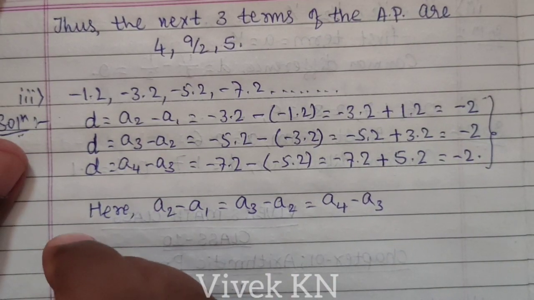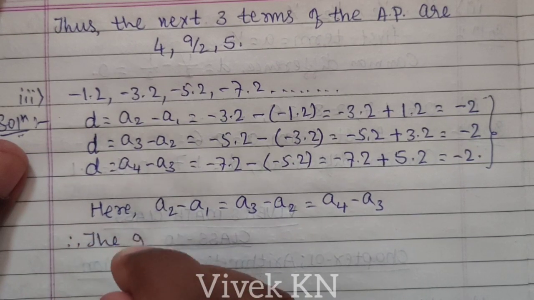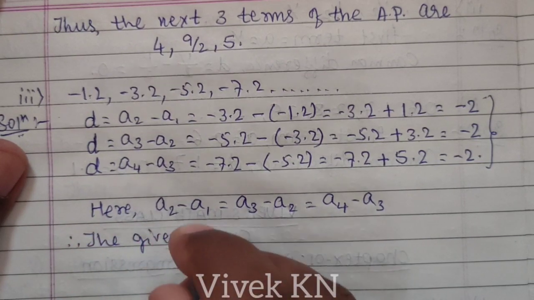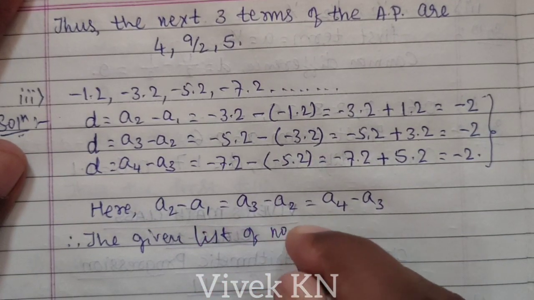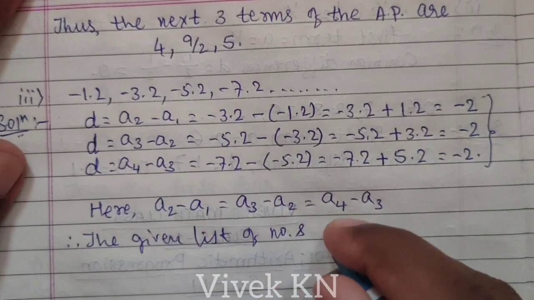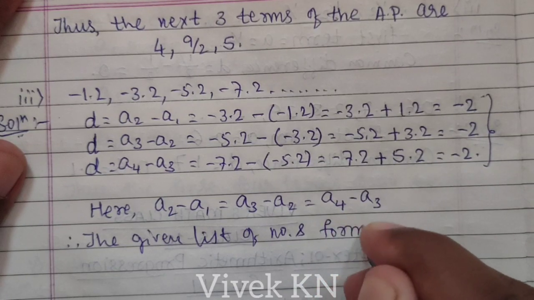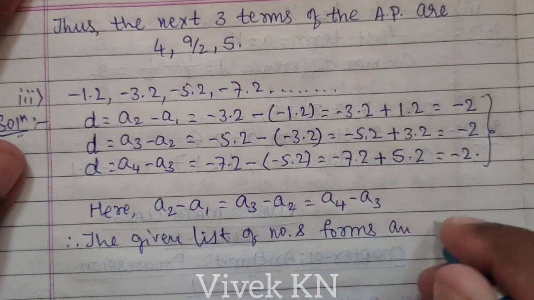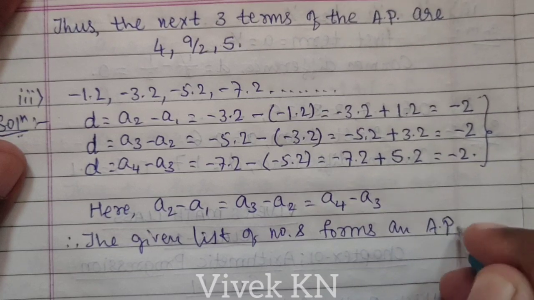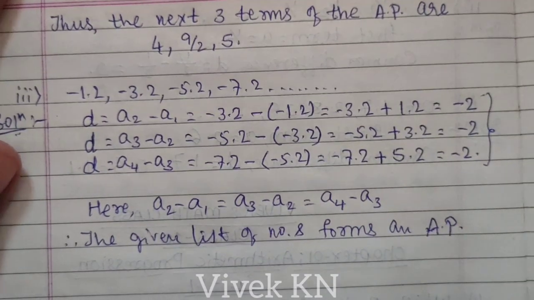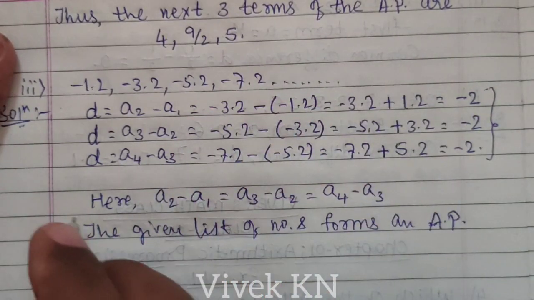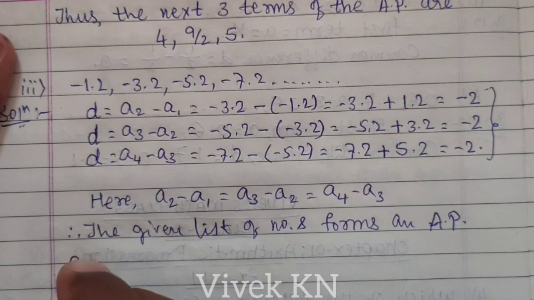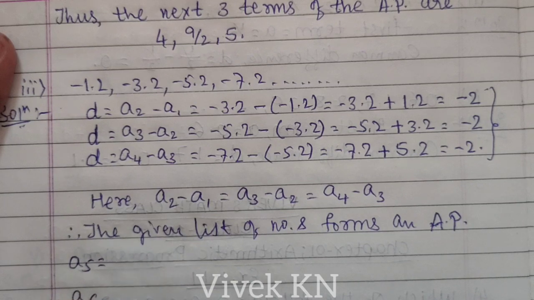Therefore the given list of numbers forms an arithmetic progression. Now we have to find the next three terms, that is A5, A6 and A7.